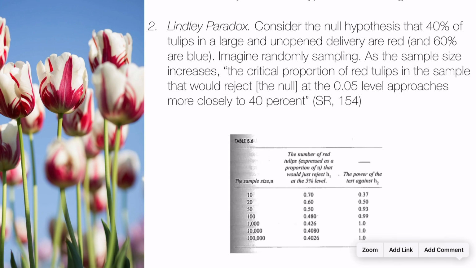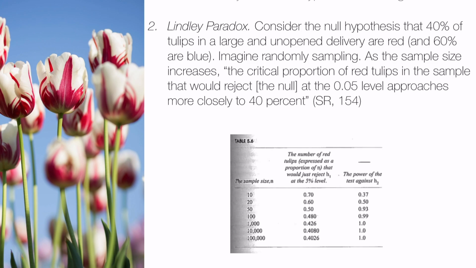And you'll see that the power also increases as we get a larger and larger sample size. So we're correctly rejecting the null at a higher and higher rate as we get a larger sample size, even though the sample proportion is converging to the null hypothesis proportion. So all that seems a bit paradoxical.